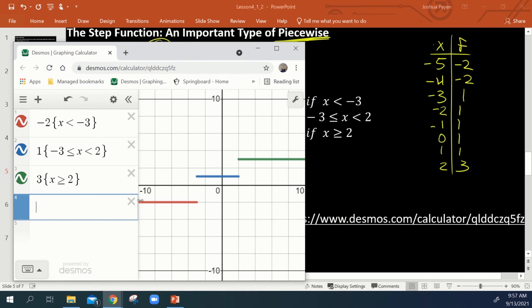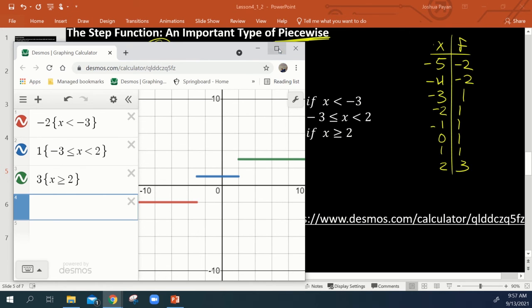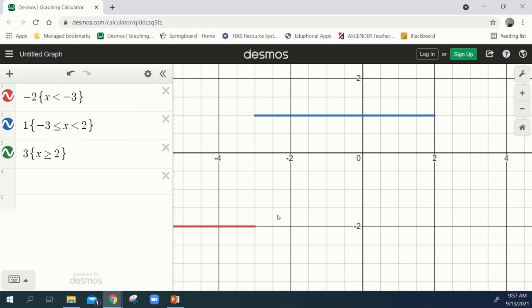So here in red, let me zoom in, no, it's not going to allow me. If we zoom in here, we're clearly at -3. So -3, whoops, I need to put table. -3 by -2.